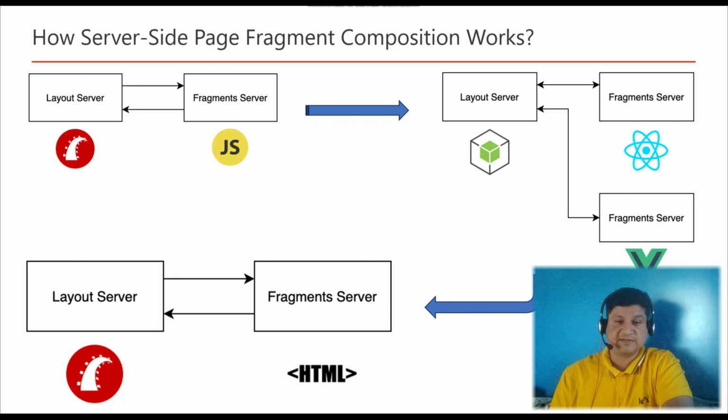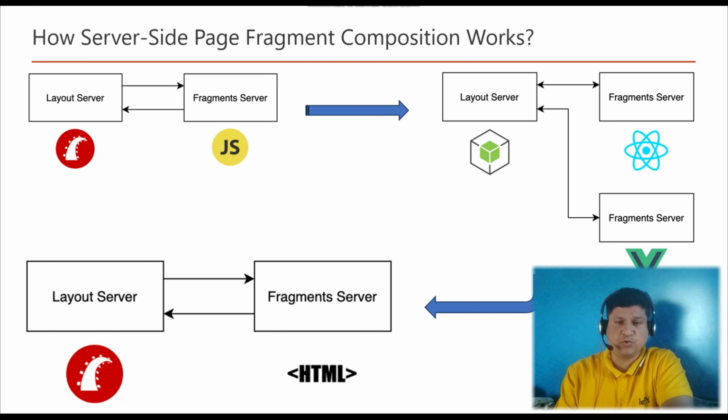Okay friends, so now let's understand how this pattern works. This pattern has a layout server and fragment server. A simple server-side composition is the combination of a layout server and a fragment server. The fragment server here means the server that returns the fragment built by each micro front-end team, and the layout server is the server-side application such as Rails, PHP, Node.js, etc. that assembles the fragments and returns the final HTML, CSS, and JavaScript.